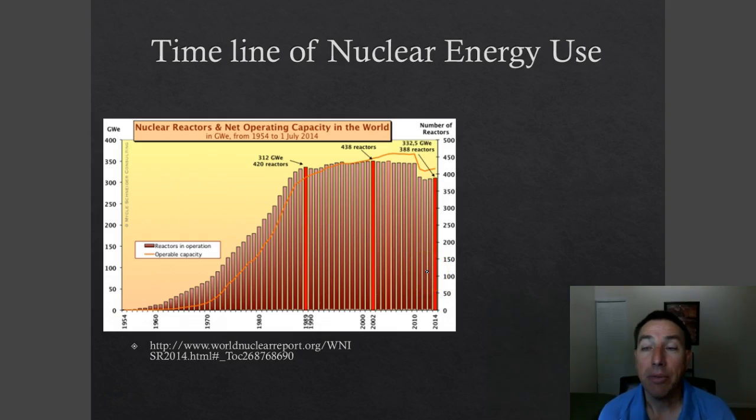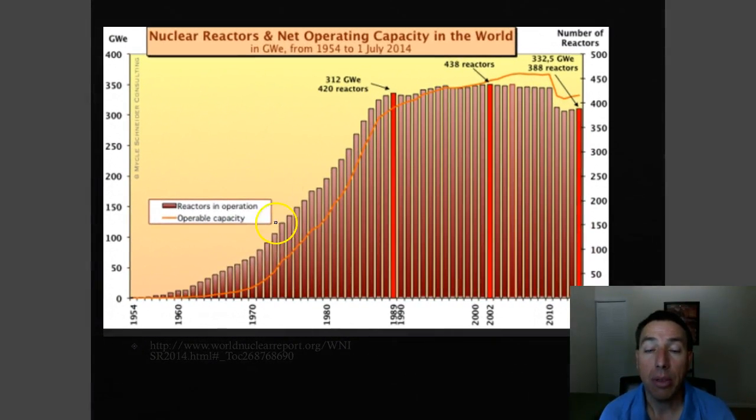Let's look at the timeline of nuclear energy use in the world. Basically, it shows that over time, since the 1960s, the amount of nuclear reactors has really increased. And so had an exponential increase. However, starting in 1989, around in this area, we started leveling off.